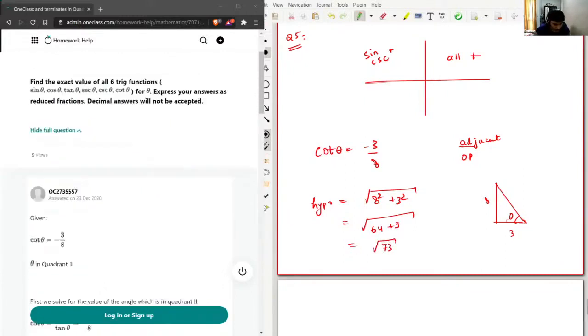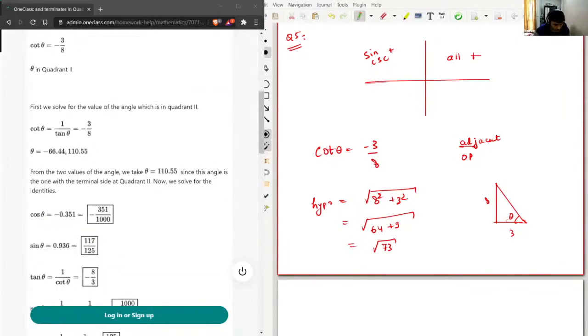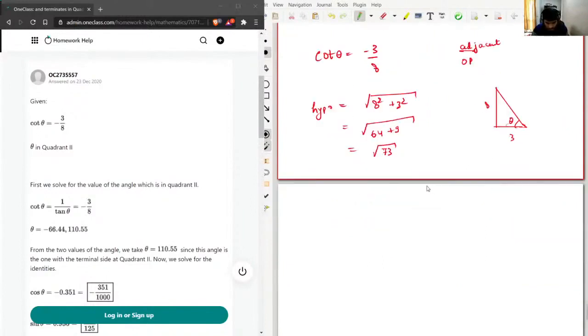I'll just cross check with the solution. Okay, so they have directly found the angle using a calculator.